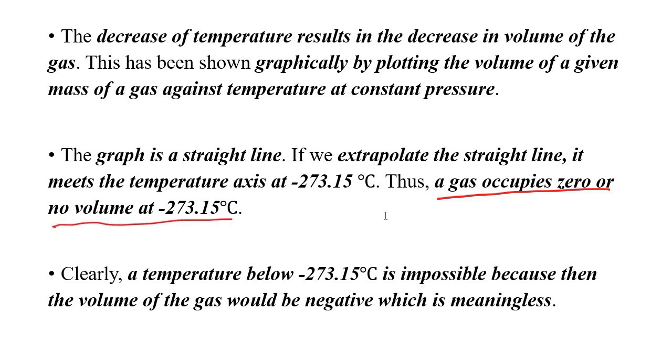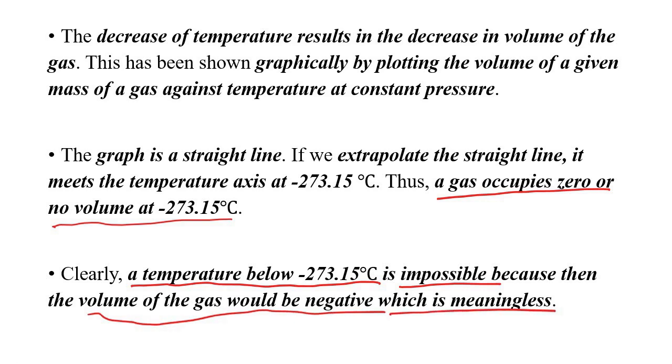At temperatures below minus 273.15 degrees Celsius, going beyond that in the negative direction is impossible. Below that, the volume of the gas will be negative, which is a meaningless concept.